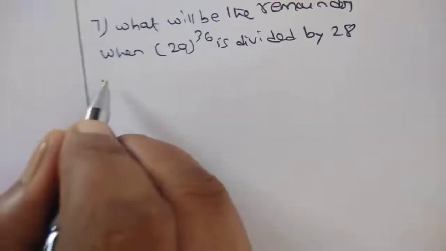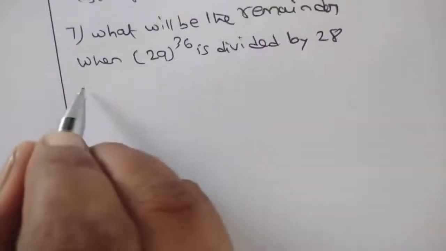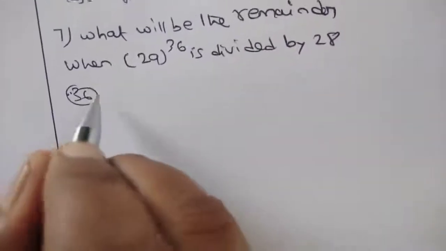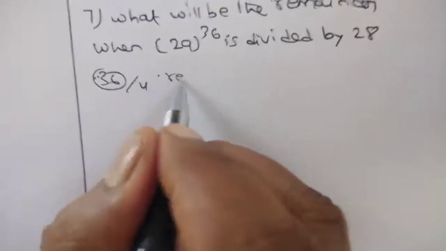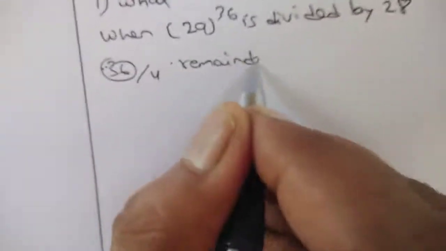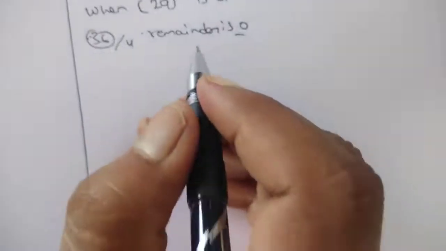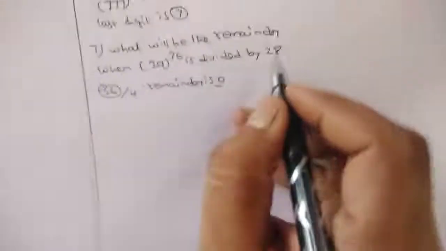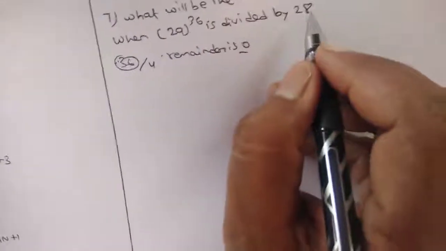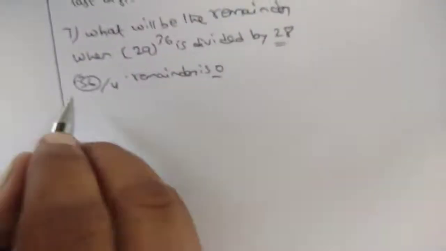So here 36 is exactly divided by 4 and the remainder is 0. Hence this 29 power 36 is exactly divided by 28, so the remainder is 0.